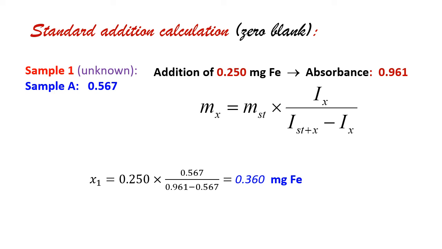And now the formula is different because our standard gives us a fact that is the difference between this and this number. So the formula will be 0.250, that's my addition, and 0.567, 0.961 minus 0.567.